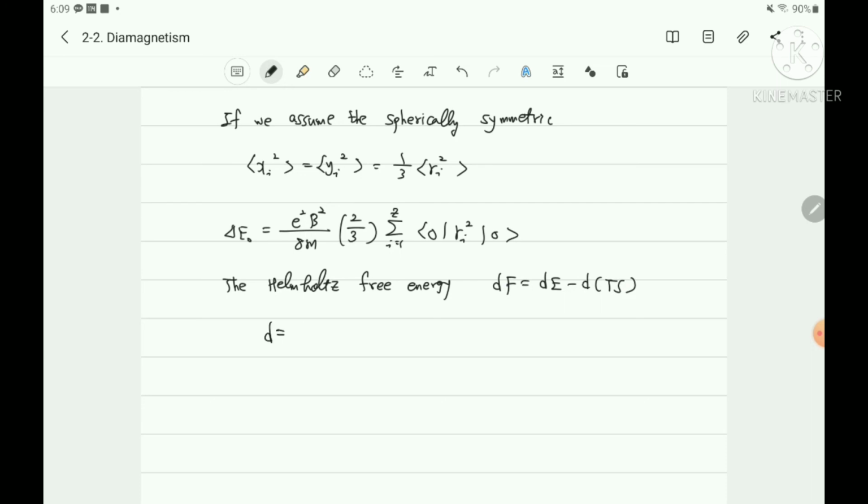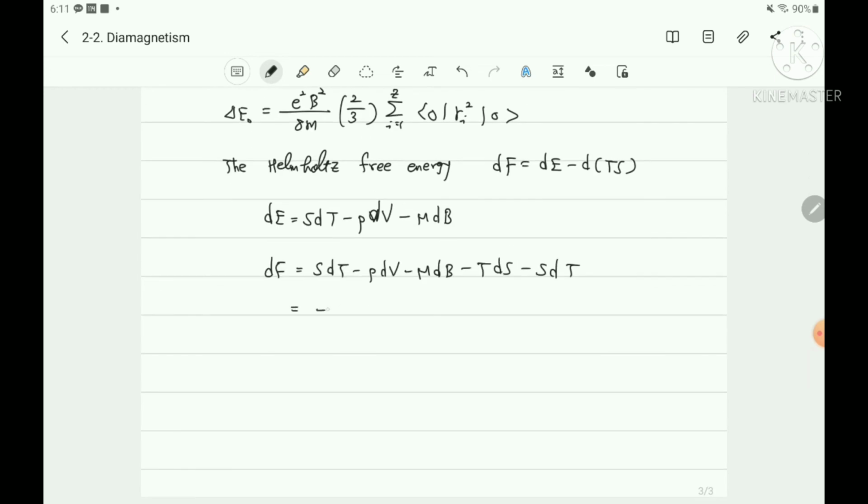Then E is T dS minus PdV minus MdB with applying magnetic field. Therefore, dF is minus S dT minus PdV minus MdB.